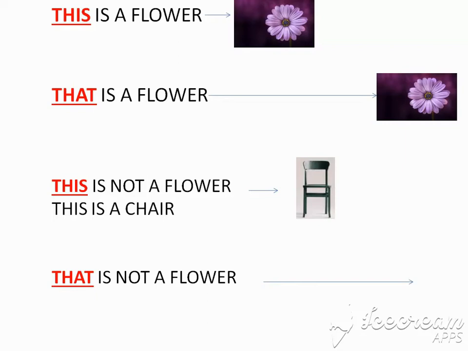So this is used for a chair because the chair is near, but in this example the chair is far. So that is not a flower. Of course that is a chair. That is a chair.